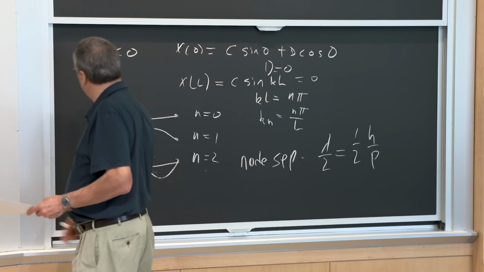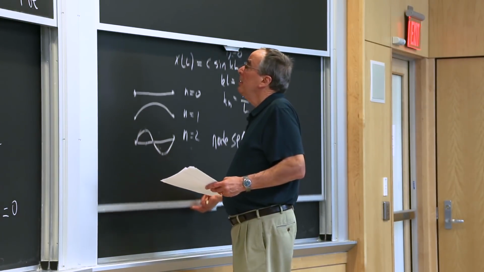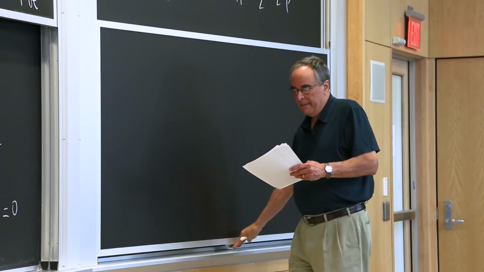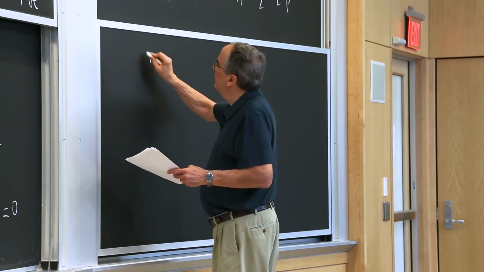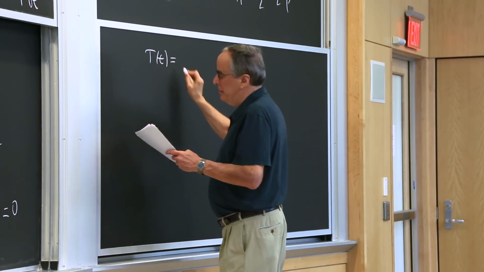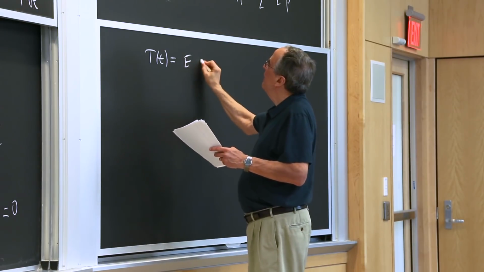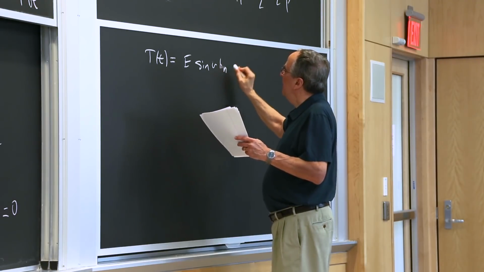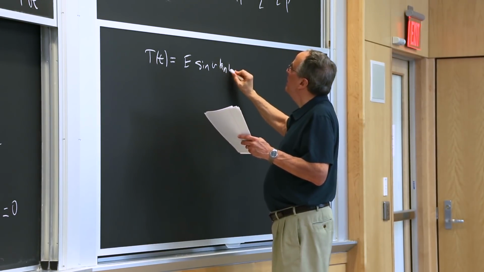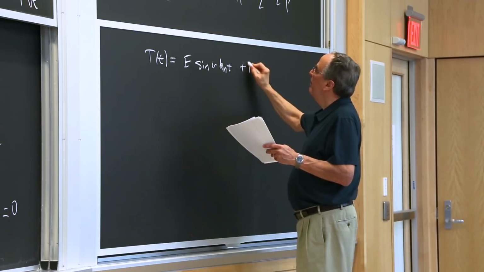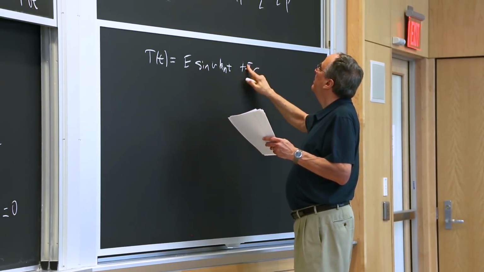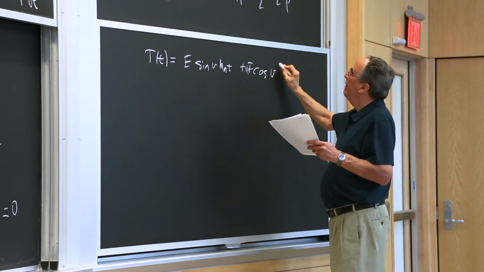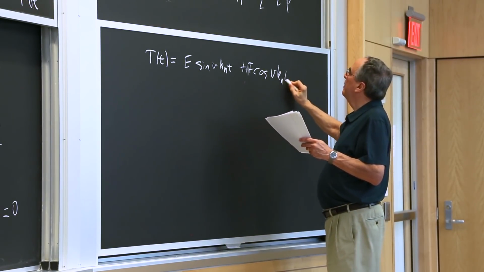Okay, so the next thing we want to do is finish the job. And so I can simply write down the time-dependent solutions. They are E sine v k n t plus F cosine v k n t.